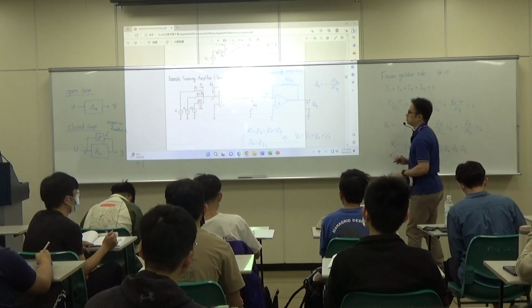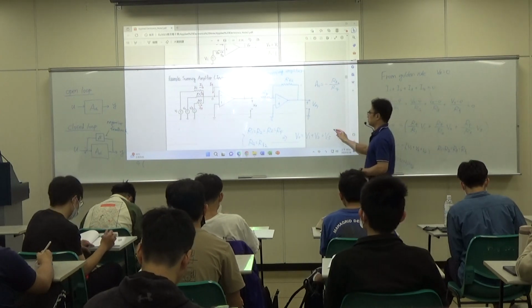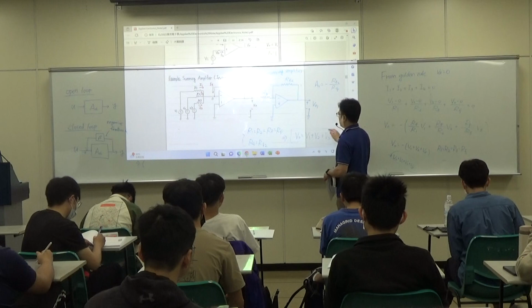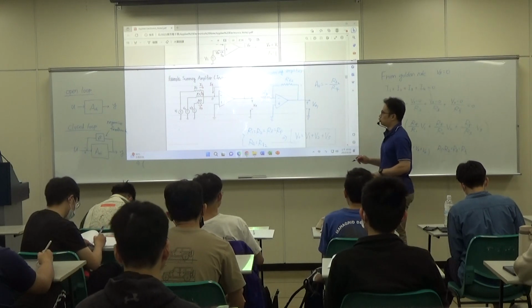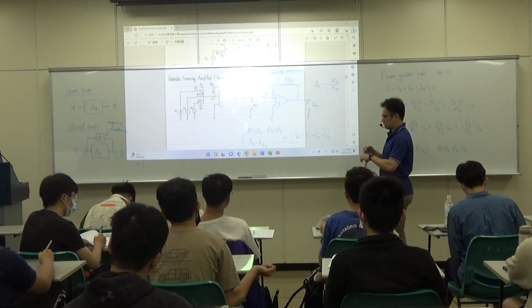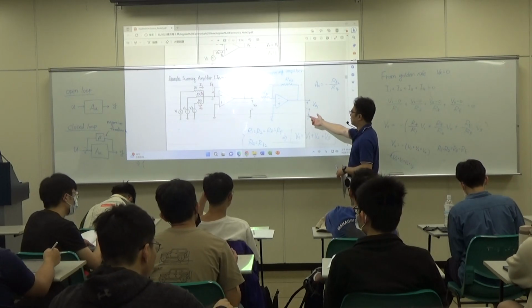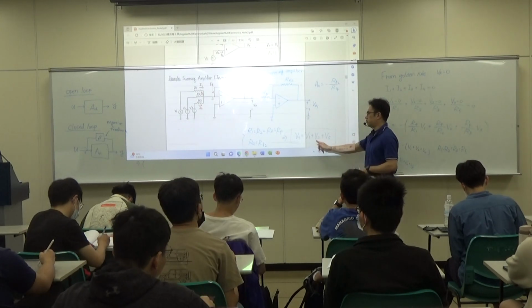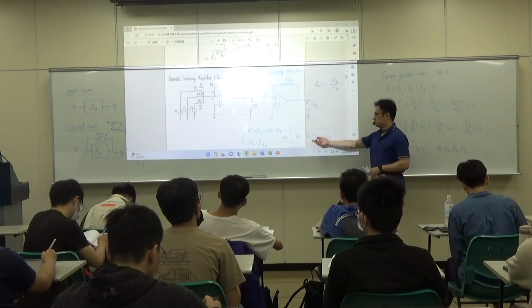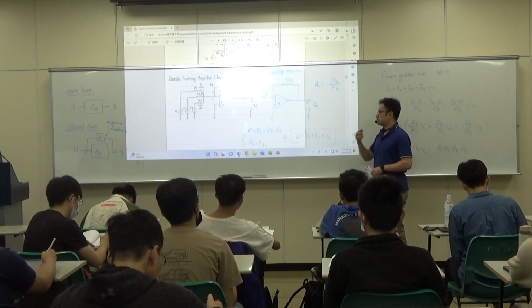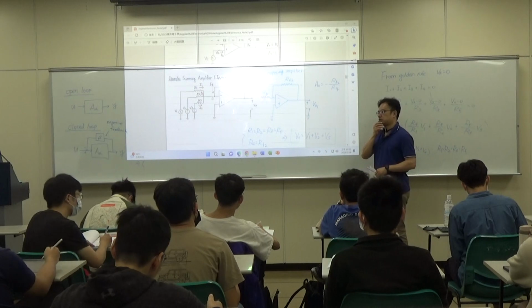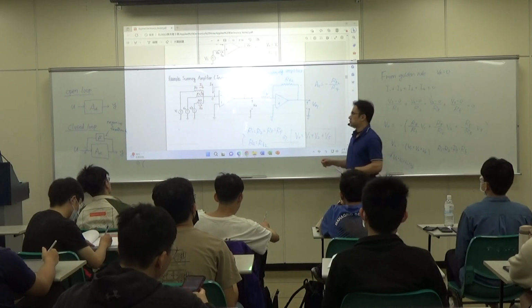Okay, so by putting two amplifiers together in series, we can perform the arithmetic operations we want. So that's how we do it.